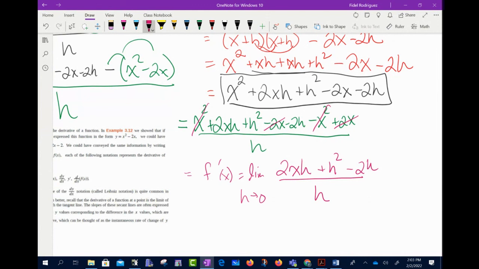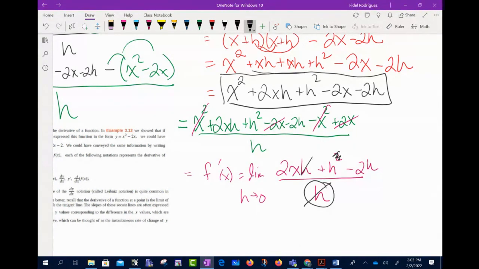Now, guys, remember when I told you, when we're getting to this part here, you have a whole lot of options, right? You can factor out an h at the top, or you can say, look, when I'm dividing by h, what am I dividing by h? I'm dividing each individual piece on the top by h. So if I were to cancel this h, I'd have to cancel it with that one there.